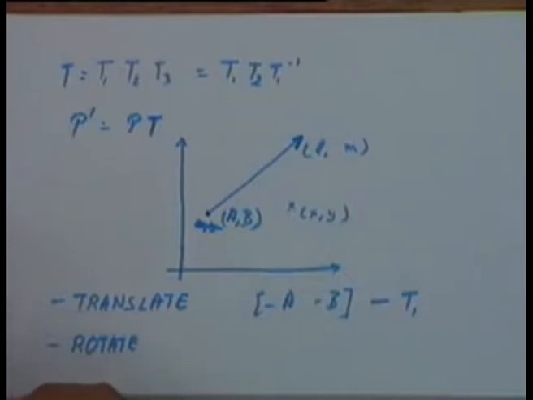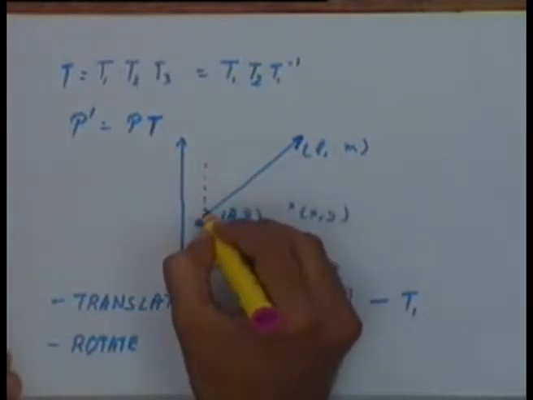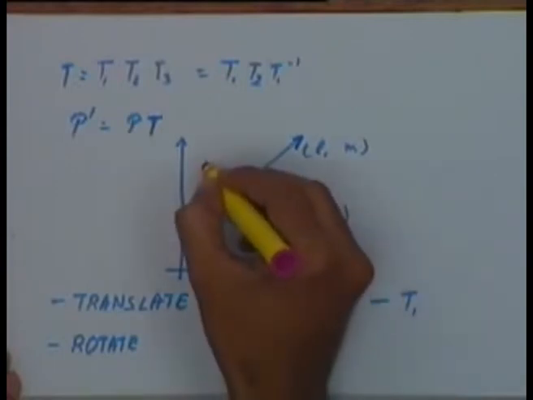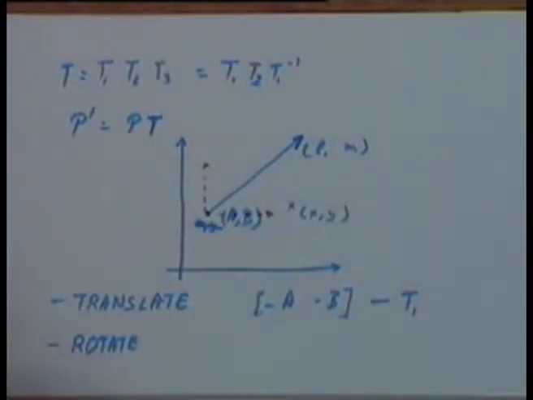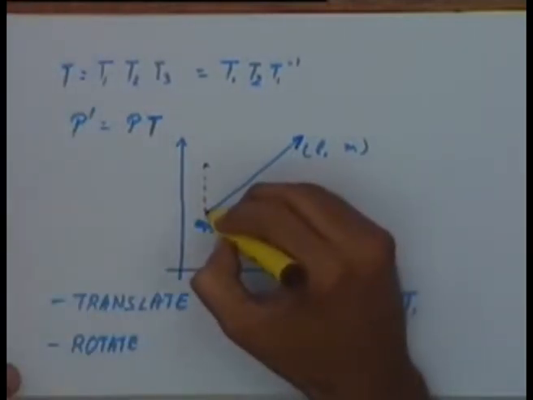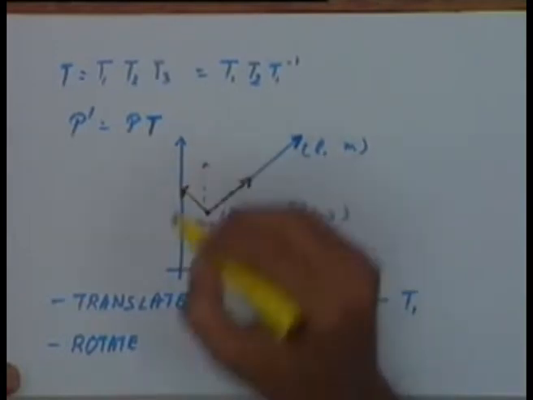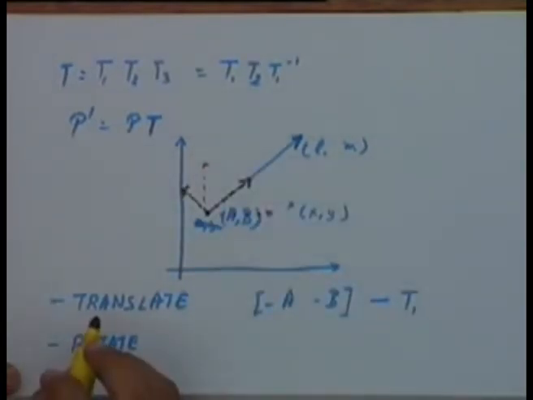That means in the first step my axis has become like this. In the second step I rotate my axis so that it becomes like this. That is rotate.